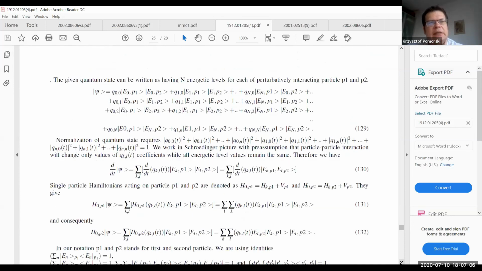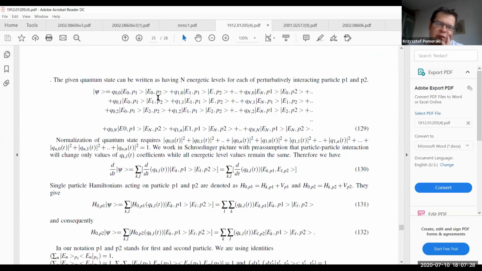And then we have this initial quantum state for two qubits that are not yet interacting.